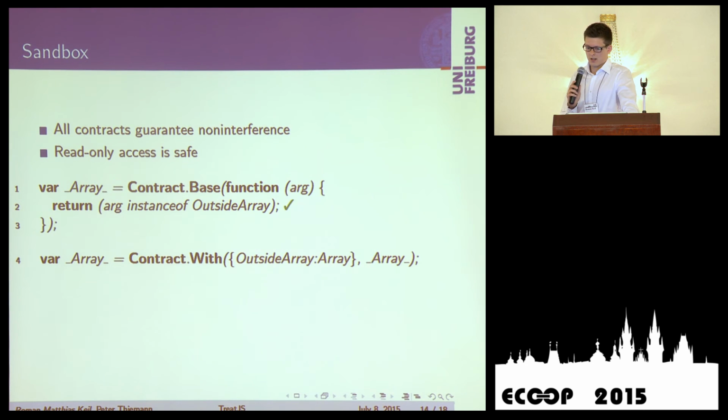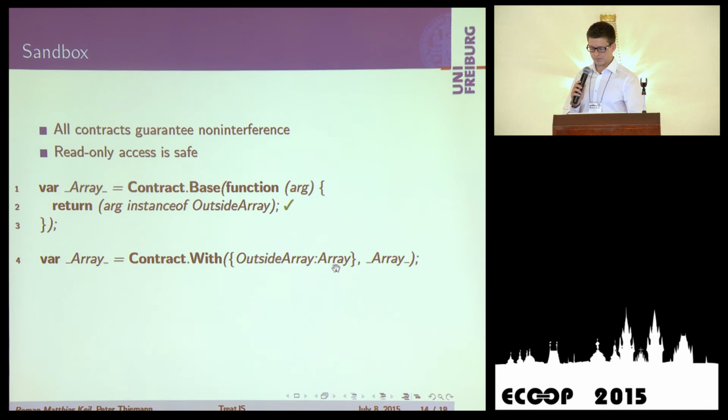Having given this contract access to the array through outside array, how does this express that the contract cannot modify array or array.prototype? And how does it enforce that constraint?